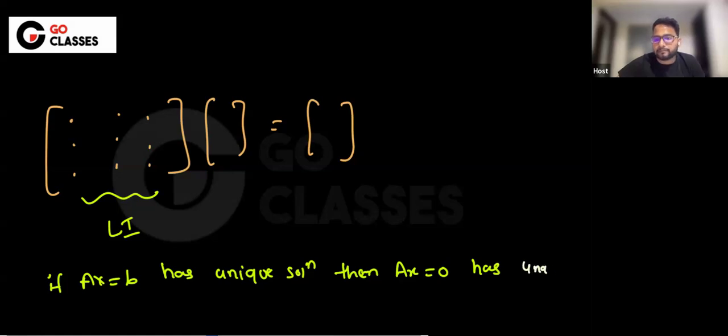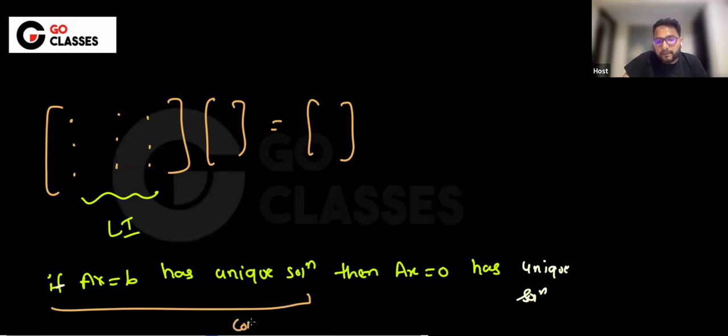Tell me. Is this particular line, whatever I have written on this screen, true? This is true, right? If AX equal to B has a unique solution, what does this mean? It means columns are linearly independent. Then AX equal to 0 also has a unique solution.